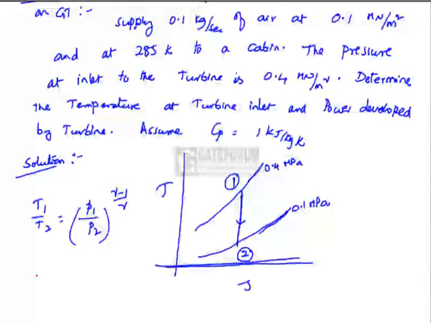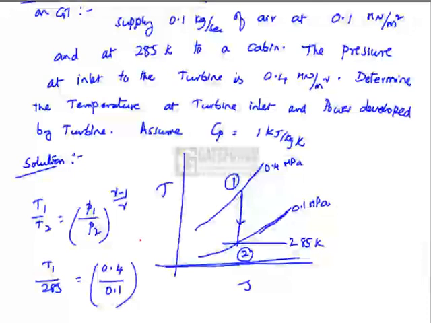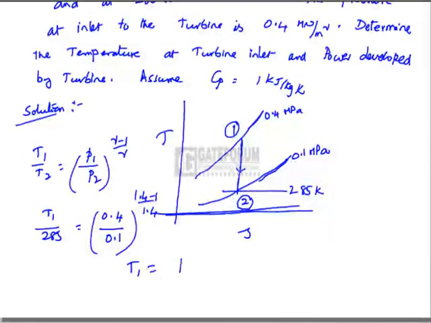T1 is not known, T2 is given as 285 Kelvin, therefore T1 by 285 is equal to 0.4 divided by 0.1 whole to the power of 1.4 minus 1 by 1.4. From this, the inlet temperature of the air into the turbine can be calculated. That is, T1 is obtained in Kelvin scale.